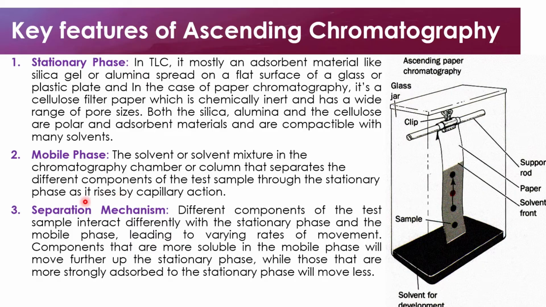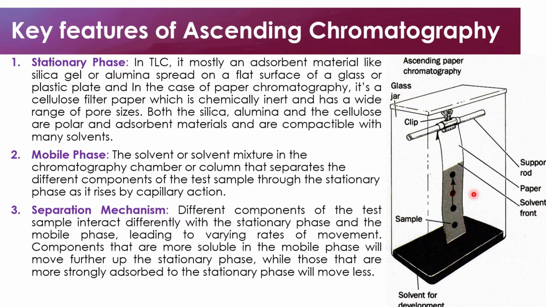So now let's look at the separation mechanisms. Different components of the test sample interact differently with the stationary phase and the mobile phase, leading to varying rates of movement. Components that are more soluble in the mobile phase will move further up the stationary phase, whilst those that are more strongly adsorbed to the stationary phase will move less.